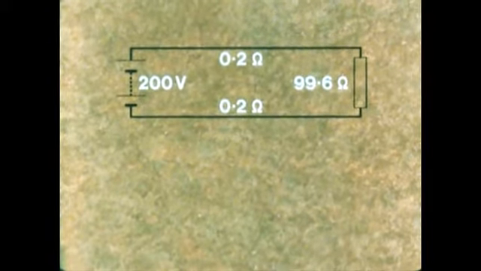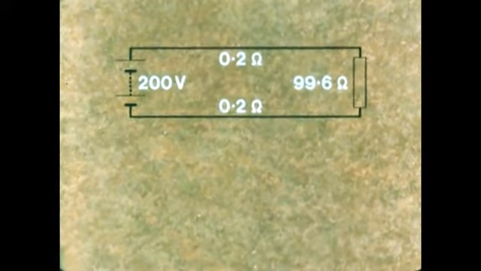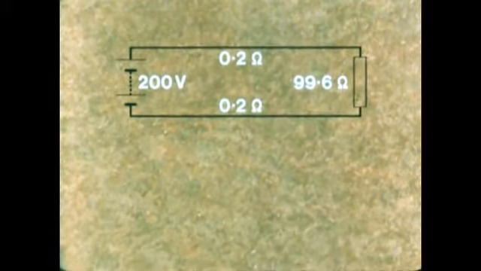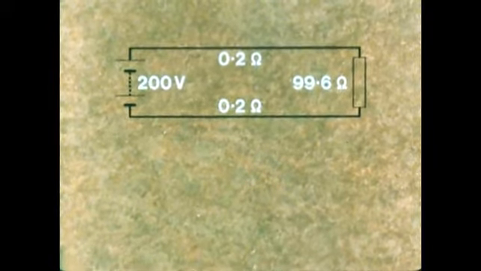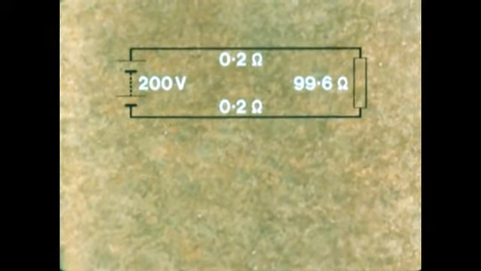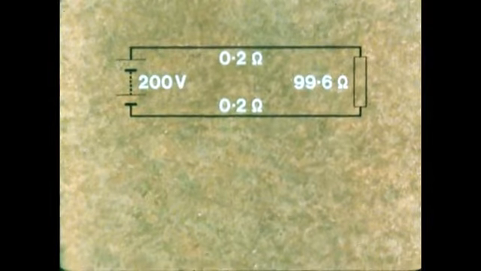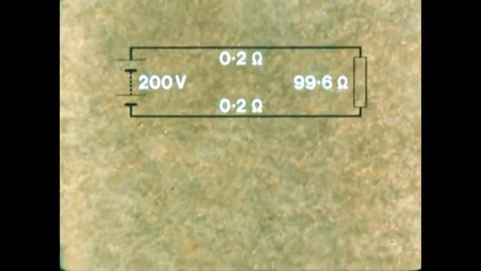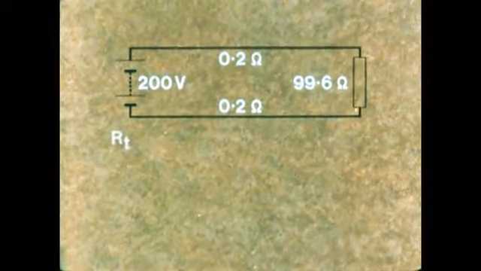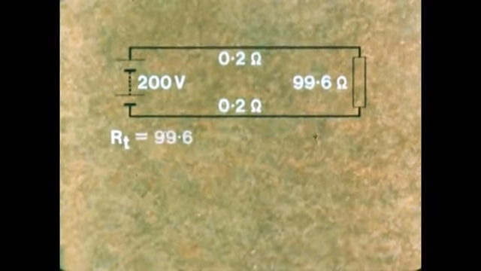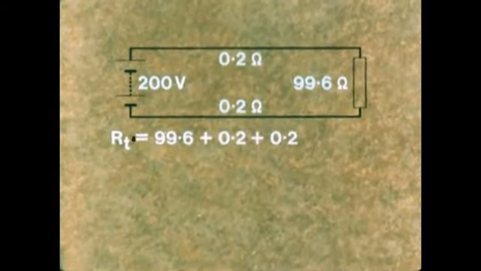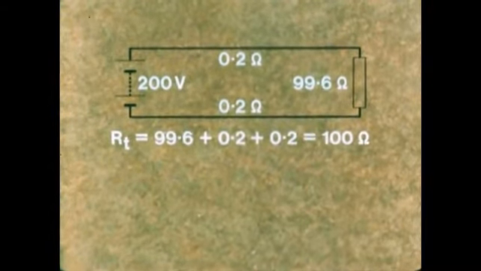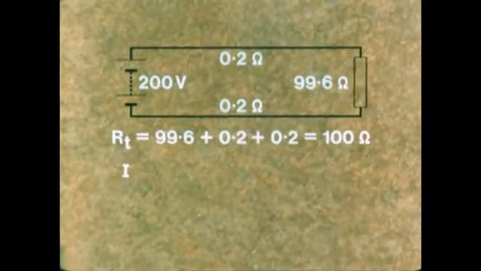Suppose we have a circuit where the resistance of each cable is known to be 0.2 of an ohm, and the battery is providing 200 volts to drive a current through a load of 99 6/10 ohms. Can we calculate the voltage drop across the load? Well, the total resistance of the circuit is 99 6/10 plus 0.2 plus 0.2. That is 100 ohms. So what current is flowing?